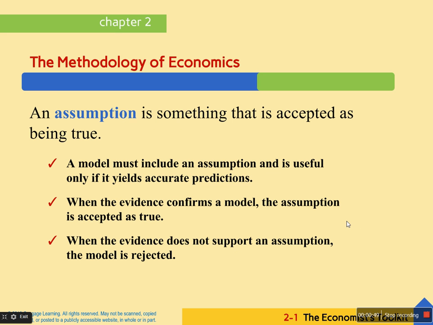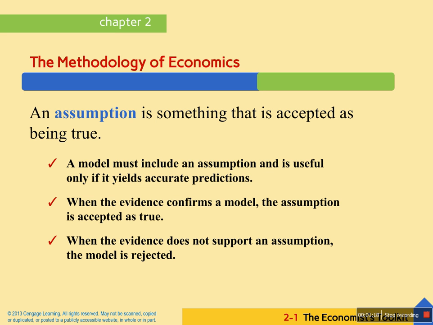When we create a model, there's an assumption. I'll give you an example of an assumption rather than try to explain or just define it. An assumption could be that if oil prices go up, then air travel will be reduced. That's an assumption.